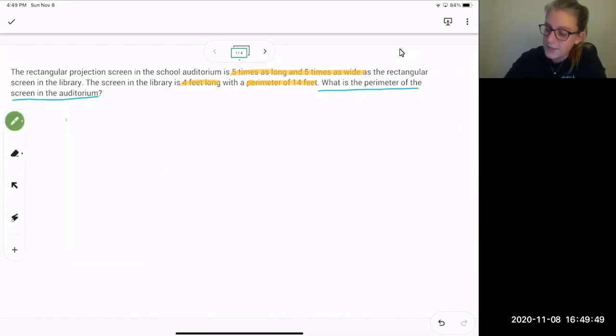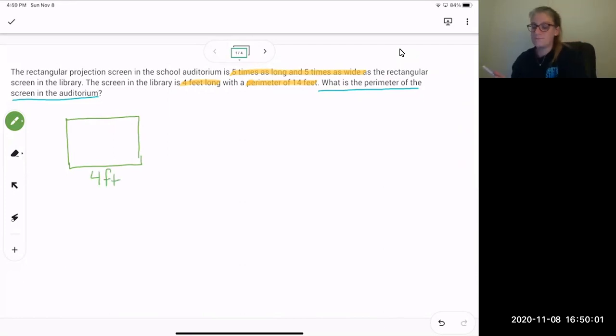Okay, so the screen in the library, we know, is 4 feet long. And we know the perimeter, so we know the length all the way around the screen, right? So I know if this side is 4 feet, then the opposite side is also 4 feet. So we need to figure out what this side is and what this side is.